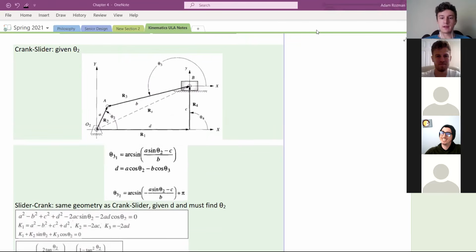So slider crank, basically they say the input is the slider, so you're given the D and you have to calculate the position of theta.